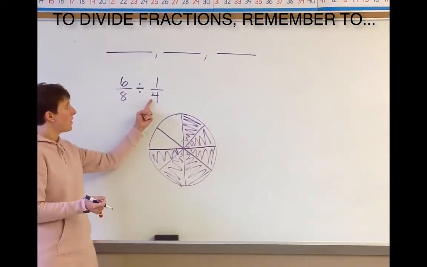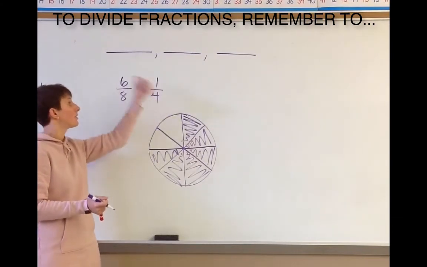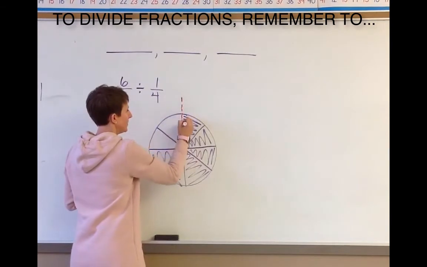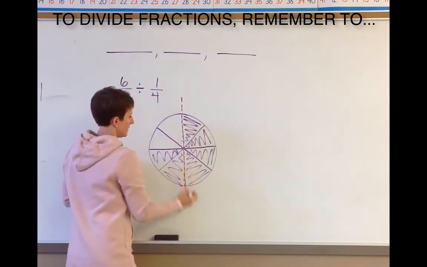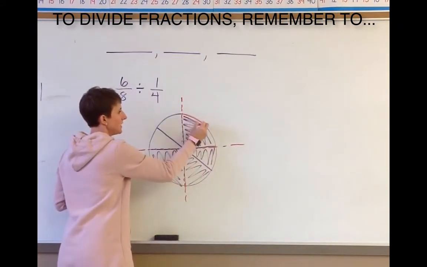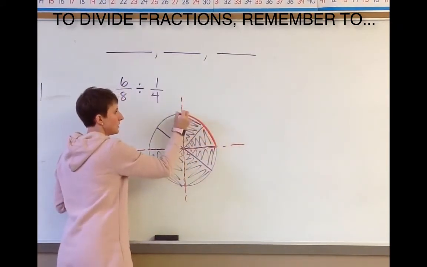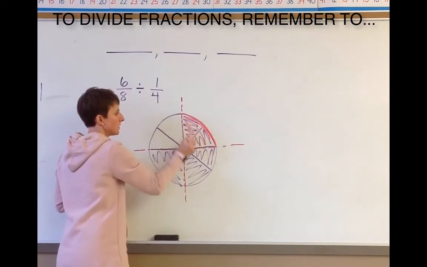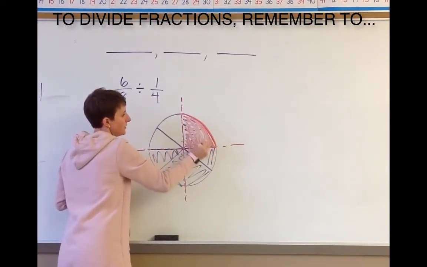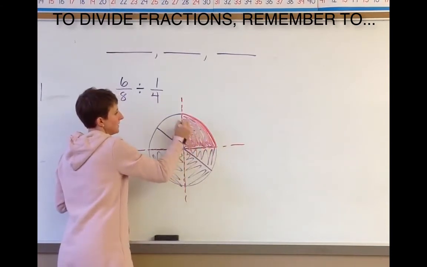Beautiful. And I want to know how many groups of 1/4 go into this. So let's see here. I got to create fours. You see what I'm doing, creating fours? Would you agree that here's a group of 1/4? So there's one group of 1/4 that goes into here.